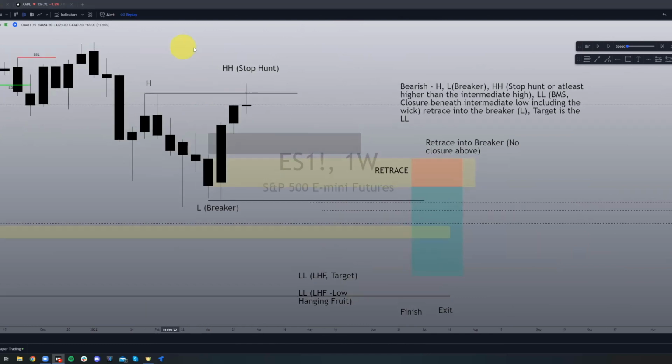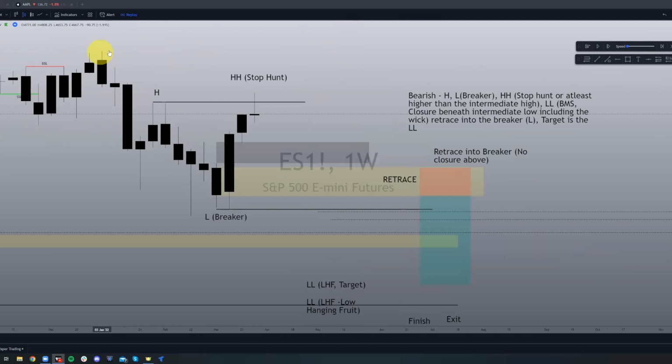Where's more liquidity? Well, your liquidity is going to be found at swing highs, swing lows, relative equal lows, relative equal highs, and gaps or ABC gaps where it's A, B, and C, where A's wick doesn't touch C. So if I'm looking at this, and let's keep it super simple, is there a wick?